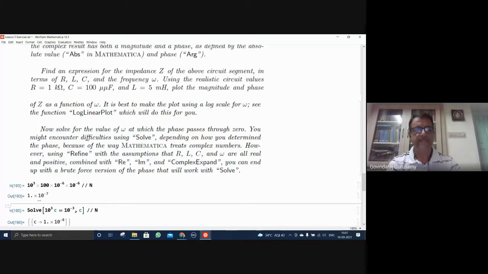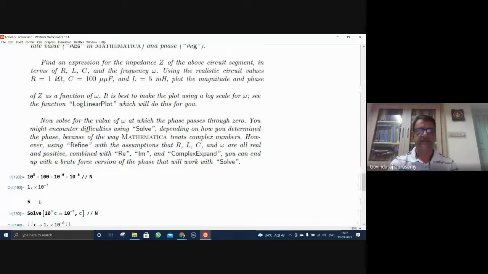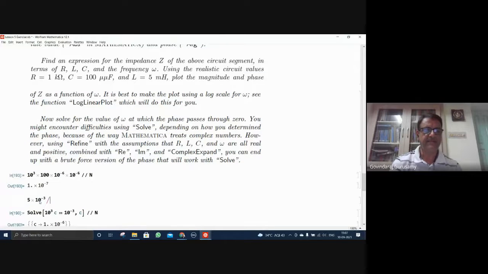Let me try here. So 5 microhenry. Micro or milli? Milli, M is given. So 5 into 10 power minus 3, divided by 10 power 3, since L by R is your time constant. I'll put a decimal here, 0.0, so that the answer will automatically come as a time constant.